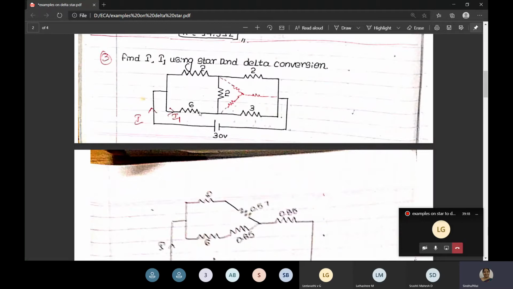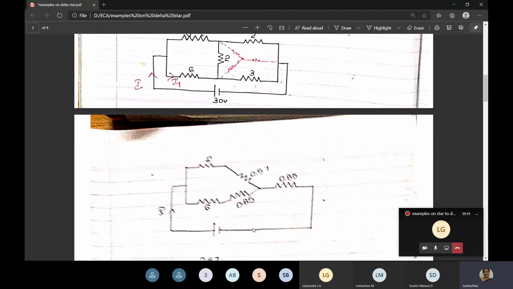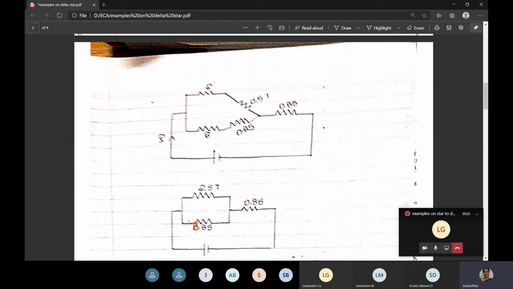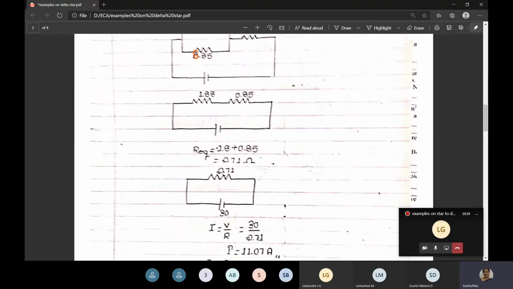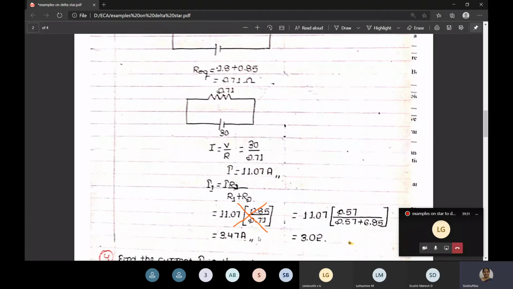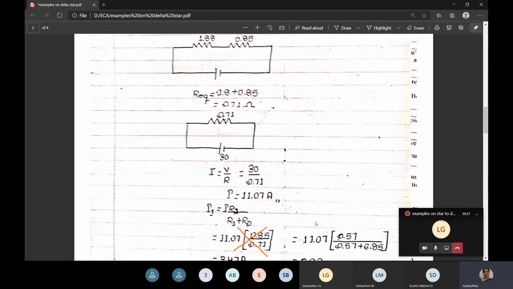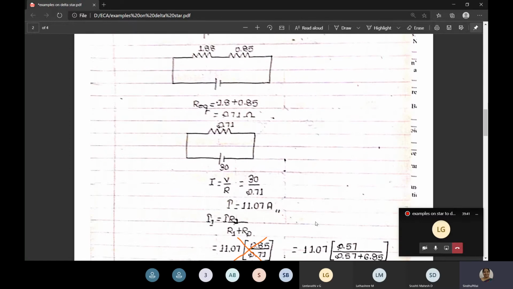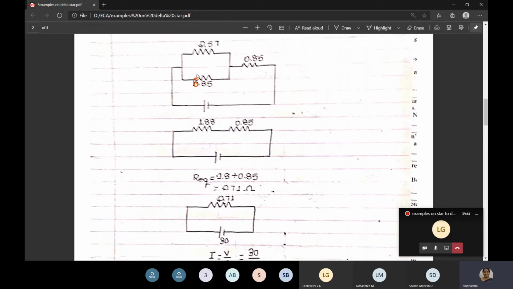Next we have to find out the branch current. That is this branch current. Okay, what is the current in this? So how to find out the branch current? Here in 6.85, how much is the current? So the branch current formula we had done in the first class. Okay, that is main current into resistance of the opposite branch divided by sum of resistances. Okay, that is the formula. So I want current in the 6.85.